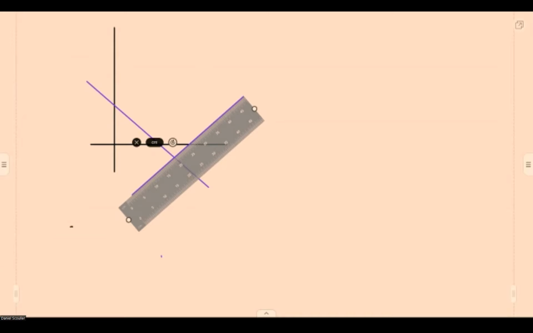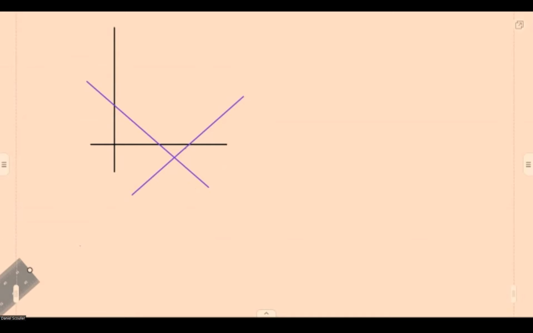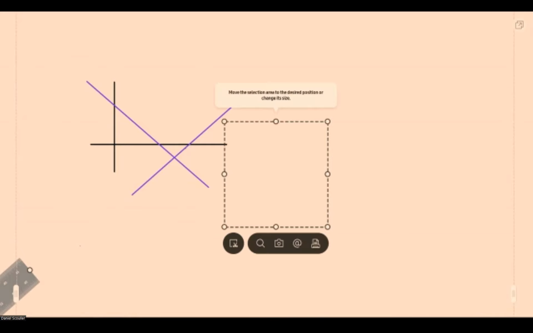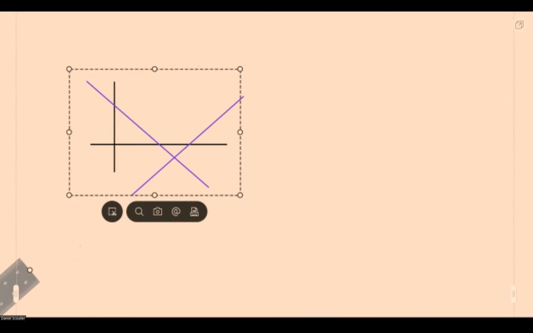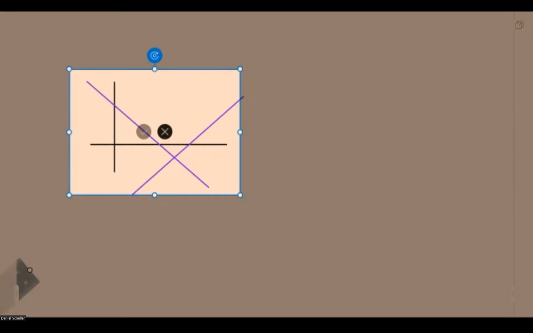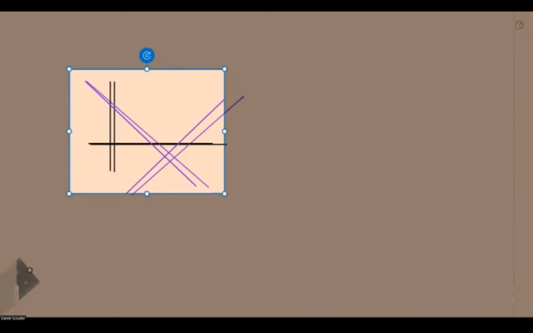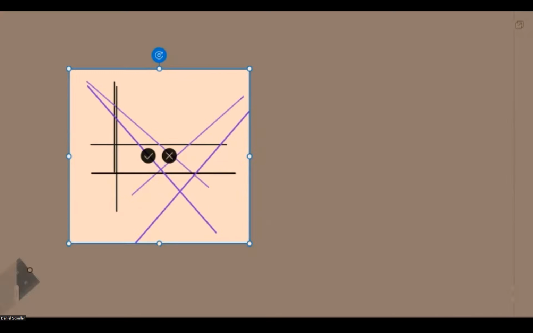Terribly drawn graph, but we'll go with it.